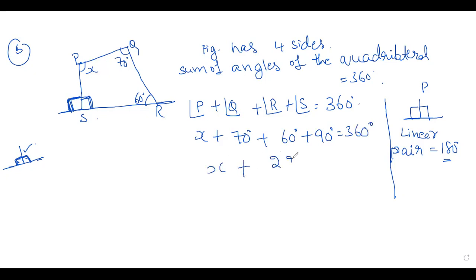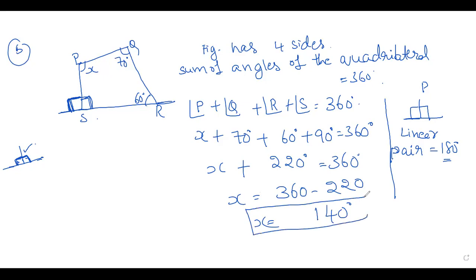So you will get 220 degree, that is equal to 360. x is equal to 360 minus 220, which is 140 degree. This is the value of x in the figure. So x is 140 degree. We'll see the next one.